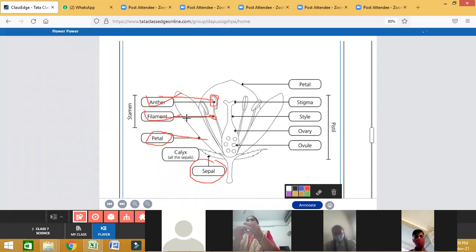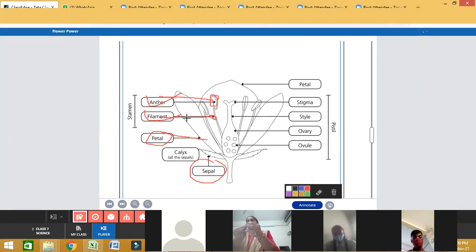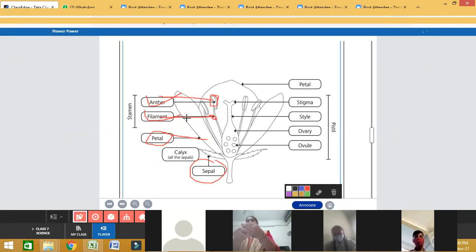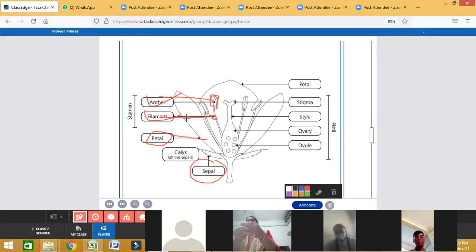See, I'm going to remove this. You can do this practical at home. You will remove this and you will get a structure like this.